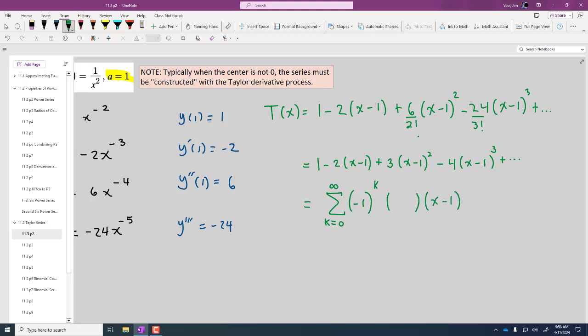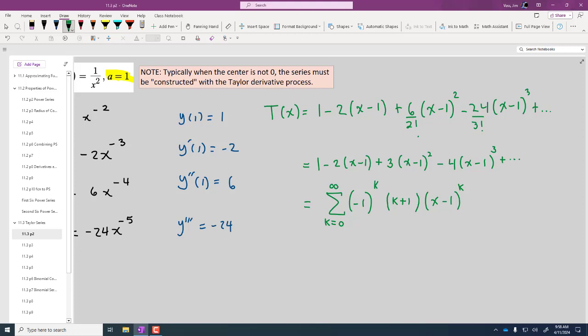It certainly looks like the power on x minus 1 is just k. Let's confirm that. To me, it looks like the coefficient is k plus 1. If this exponent's 1, that's a 2. This exponent's 2, that's a 3. This exponent's 3, that's a 4. The first one is a 0 and a 1. We can think of this as 1 times (x minus 1) to the 0.